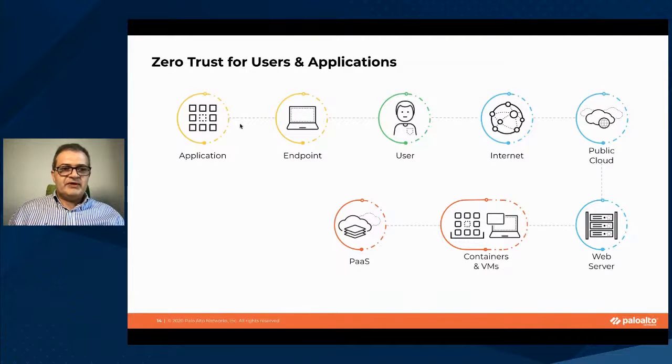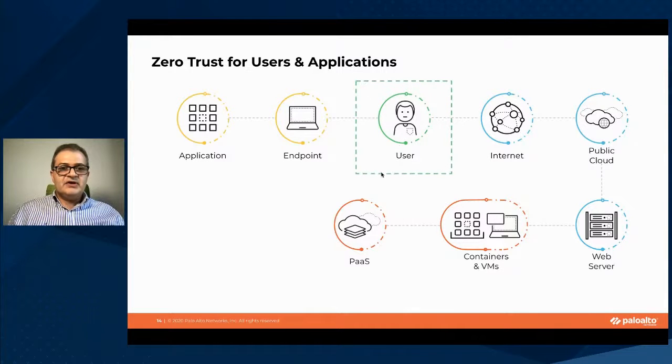He's starting an application that is trying to access through the internet the public cloud infrastructure, and he's going to land on a web server. Now, this web server is going to work with its underlying components, the containers and the VMs in that public cloud, as well as the platform as a service to give the results back to the user.